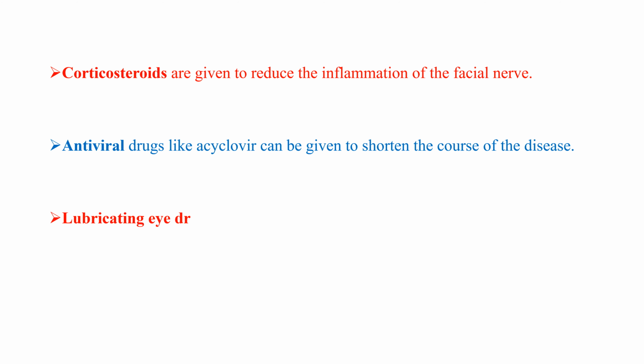Lubricating eye drops are used to prevent corneal drying at night time. Most patients with Bell's palsy get recovered within 2 weeks to 6 months after the initial onset of symptoms. Their facial strength and expressions are regained fully. A small number of individuals may continue to have some symptoms for rest of their life.